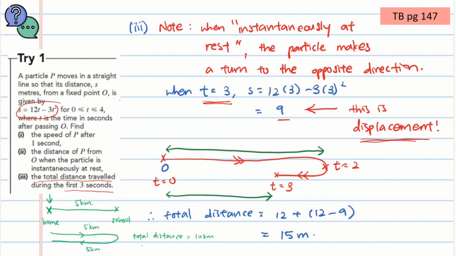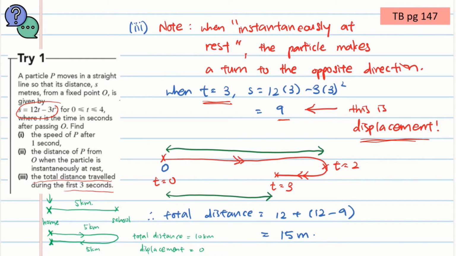However, the displacement itself is actually 0, because you started from home, which is the reference point, and you ended up at home, so your displacement is 0. So that is the difference between distance and displacement.